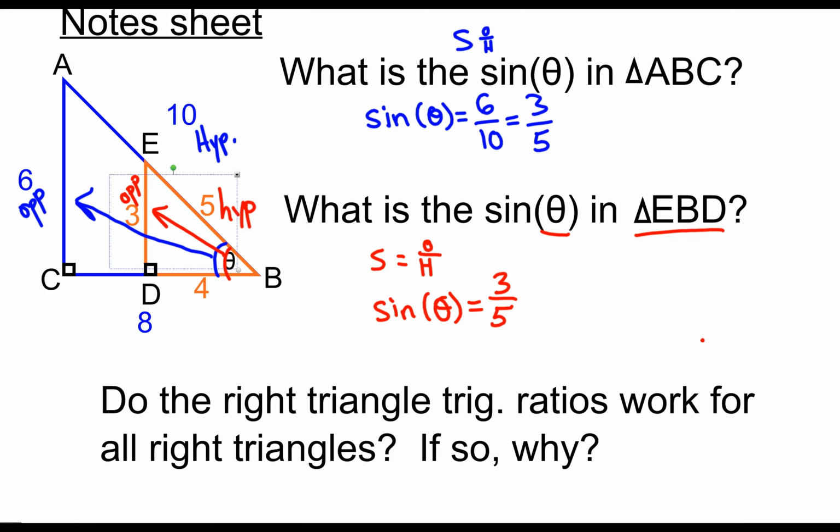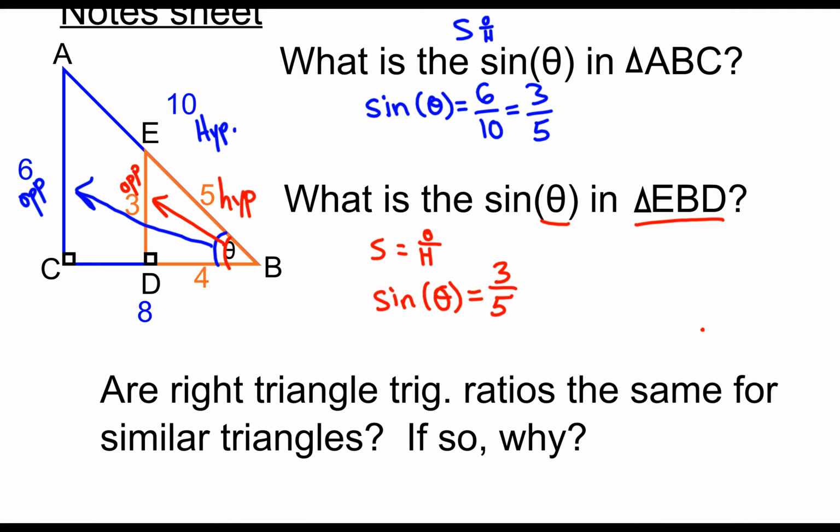Looking at these two, do you guys see any relationship between this first one for triangle ABC and the second one, triangle EBD? If you take a look, they're both the same. We got 3/5 for both triangles when we took the sine of that angle theta. Now, the reason for that is because theta is the same value in both of these triangles.